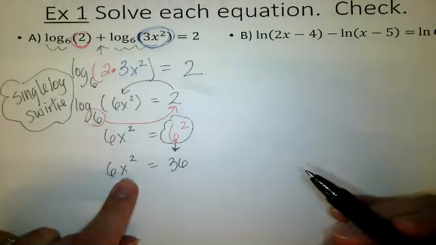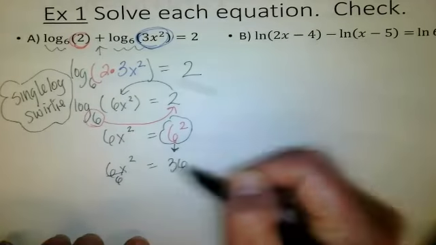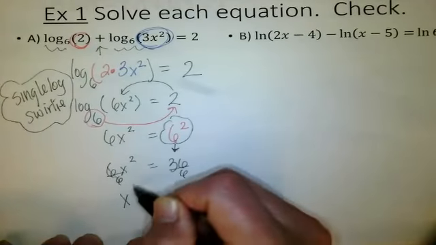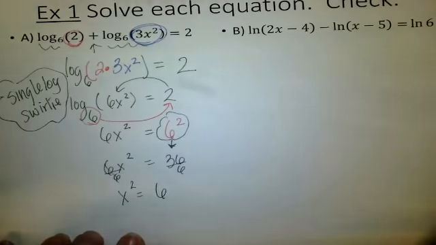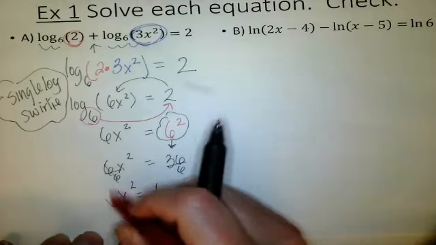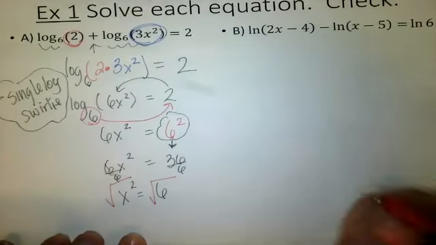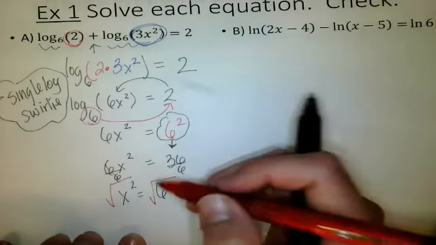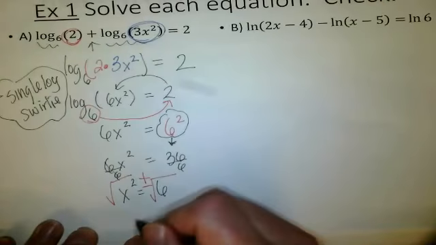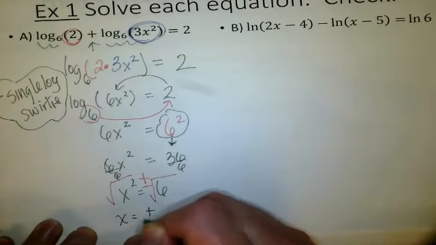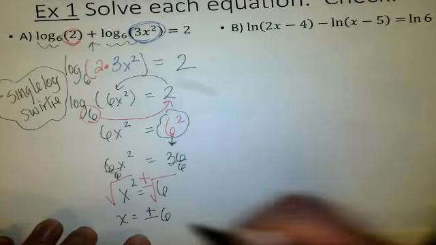What should we do first? Divide by 6. So we have x squared equals 36 divided by 6, which is 6. And then we can square root both sides. What do you need to remember when you take a square root? Plus or minus. So I have x equals plus or minus 6.